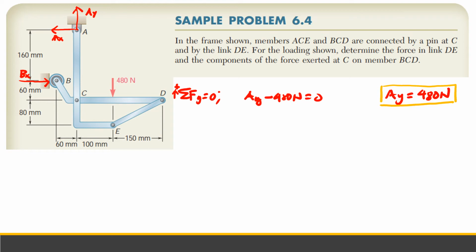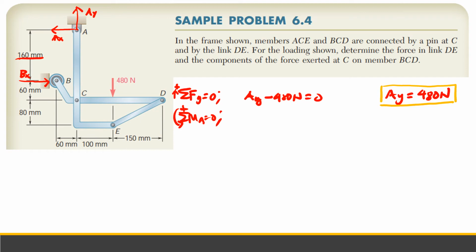So, summation of moment at A is equals to 0, counterclockwise, positive. So, mag-moment ka sa A, perpendicular distance ng BX to A is yung 160. And this creates a counterclockwise na rotation.